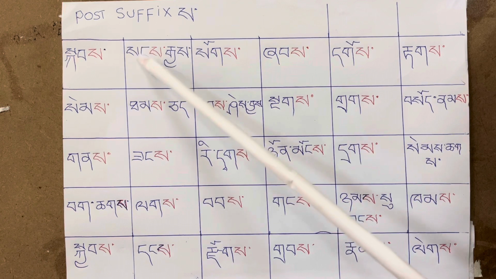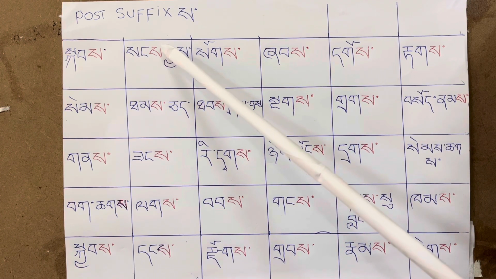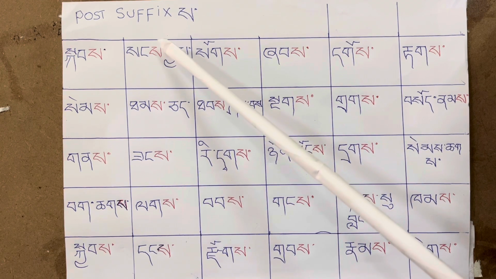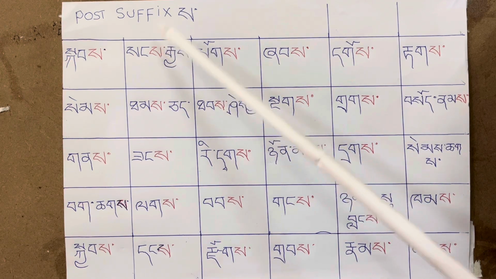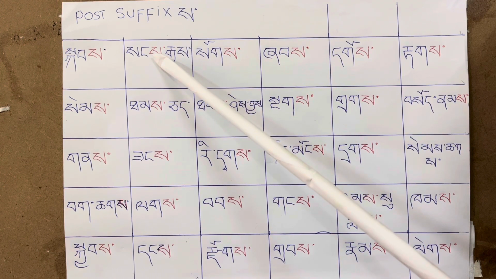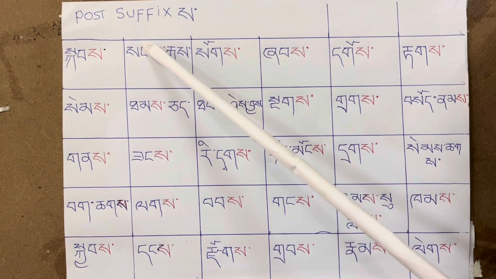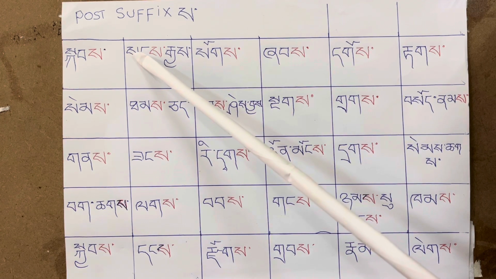Now there is no vowel to help us determine if sa is a post suffix or suffix. Let's say this is the suffix, the root letter can be any consonant, and then this should be the prefix.